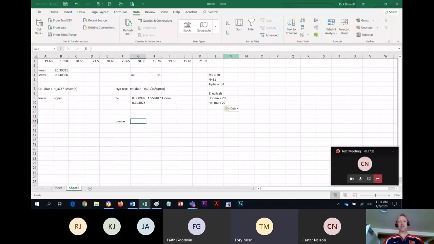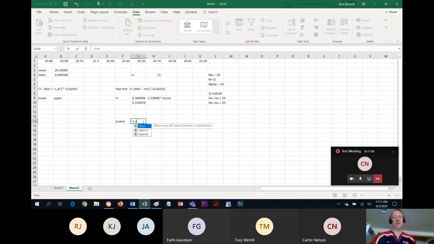We know that based on our alternative. It's less than, so it's going to be a left tail test, right? Okay, so if I'm doing a left tail test, which T.DIST is the left tail test? Just the T.DIST. What do I put in for x?